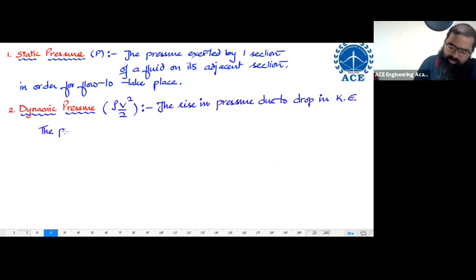The point at which kinetic energy becomes zero is the stagnation point.